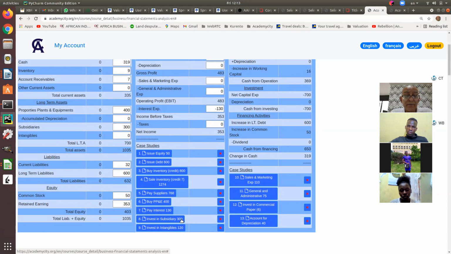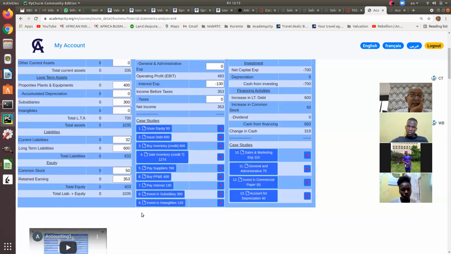It's transaction number 9. The only difference is I have to define what intangibles means. And please, many students get confused between the following two terms, intangibles and goodwill. I'm not going to define what goodwill is now.